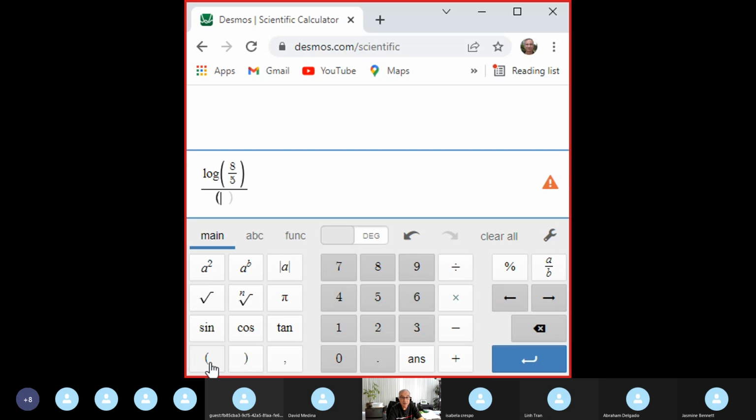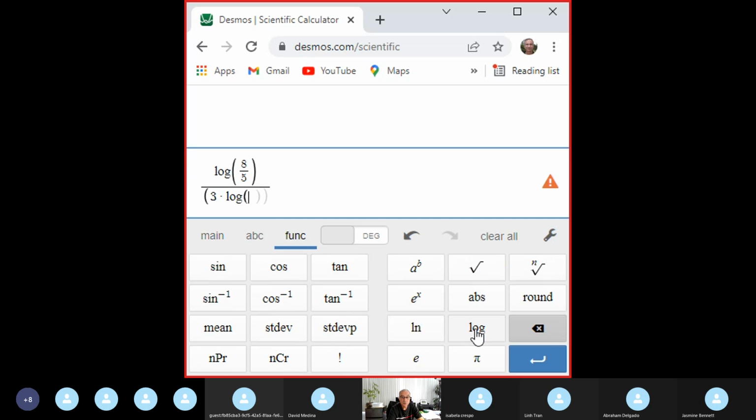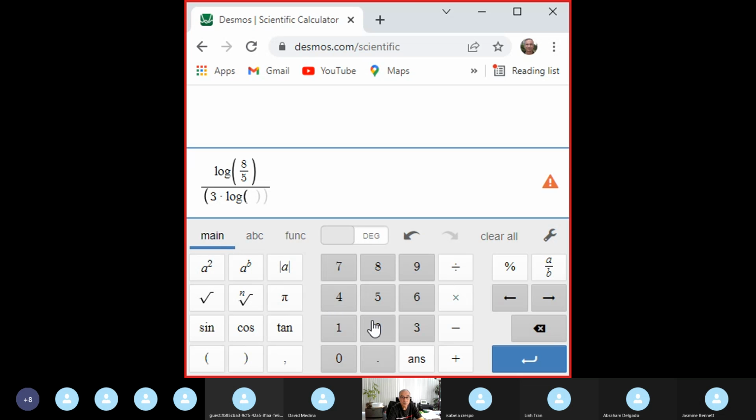And you open the parentheses, and inside the parentheses you have 3 times another logarithm, que es logarithm of 2. Boom! I copy the answer.